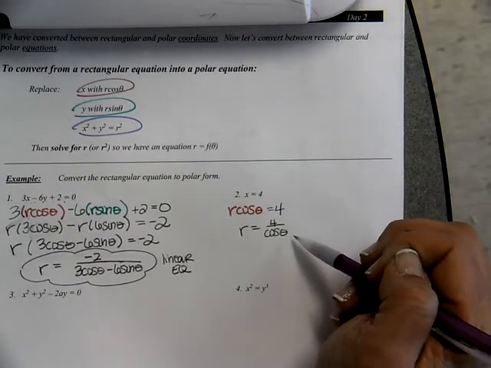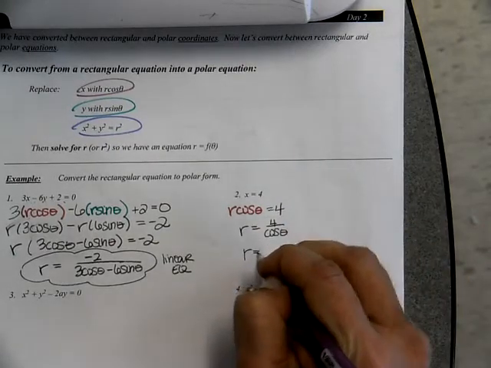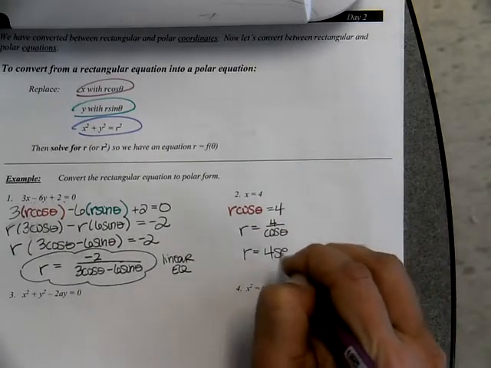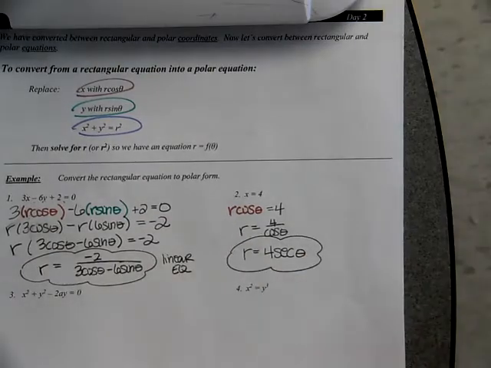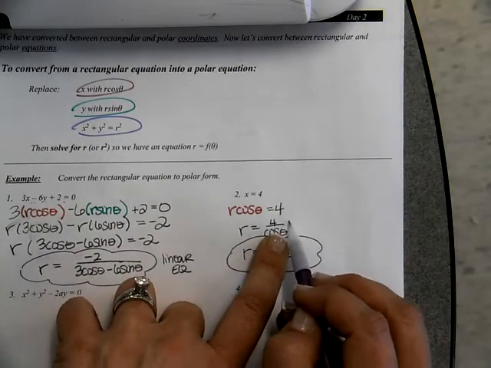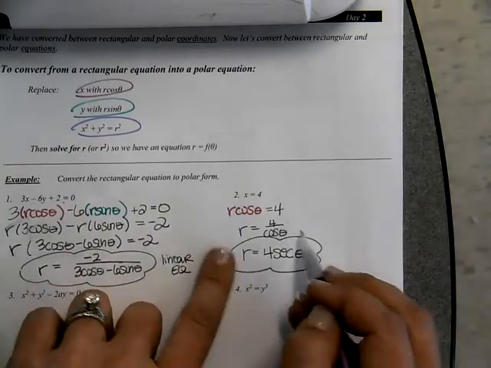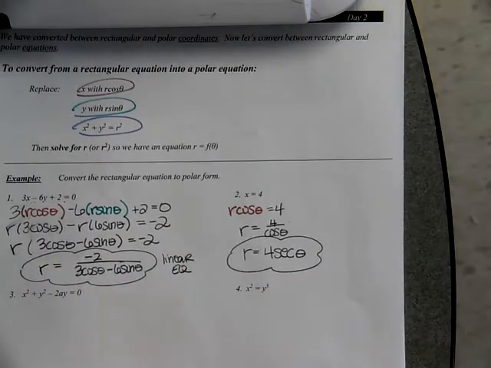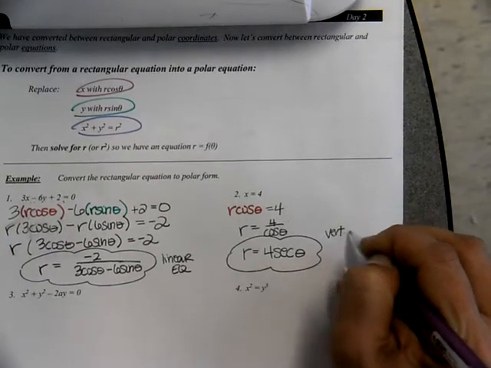Instead of 4 over cosine theta, isn't 1 over cosine theta secant? So really we should write this as r equals 4 secant theta. Okay? So if we have a singular trig function, we're going to bring that up. We didn't do that here because we had a bunch of stuff in the denominator, but here it's pretty easy for us to bring up. And so notice that this gives us a vertical line.